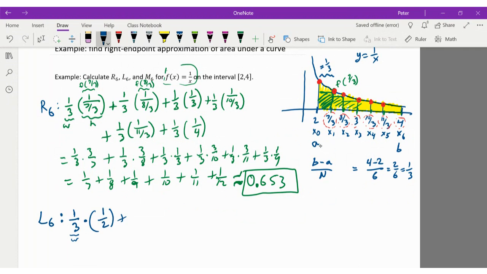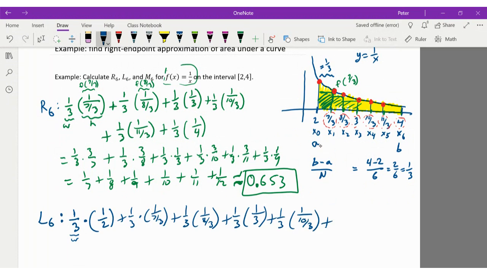Then I get 1/3 times 1/(7/3) plus 1/3 times 1/(8/3) plus 1/3 times 1/3 plus 1/3 times 1/10 plus 1/3 times 1/11. We add all that up and simplify, and that comes out to 0.737 approximately.